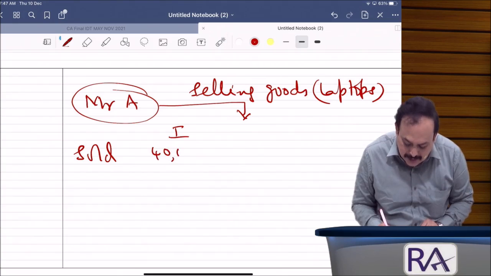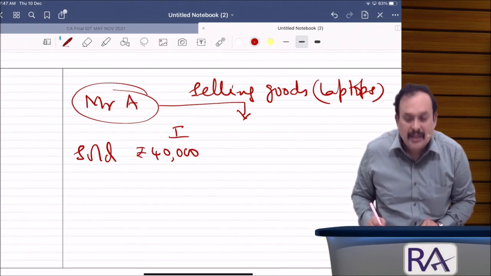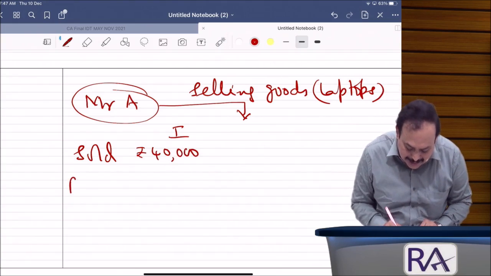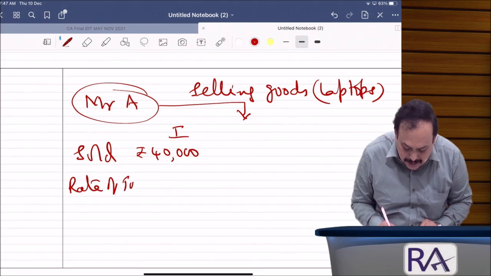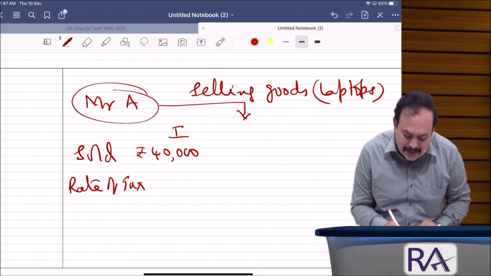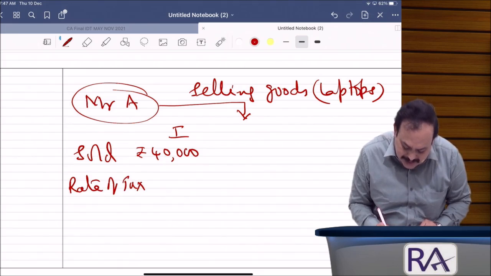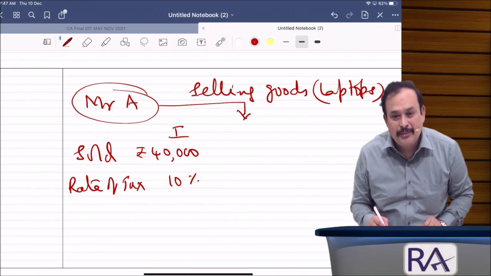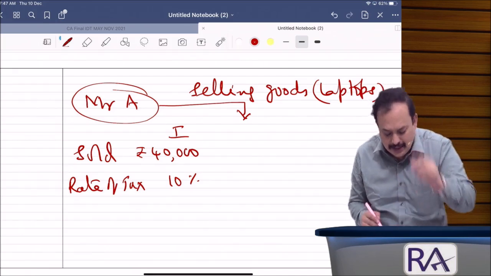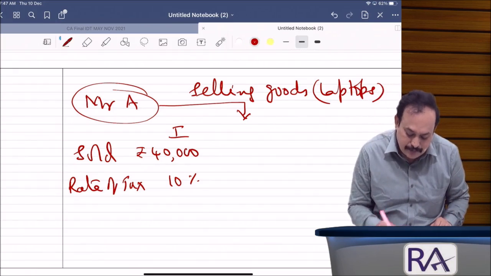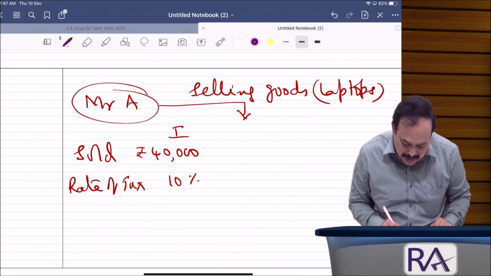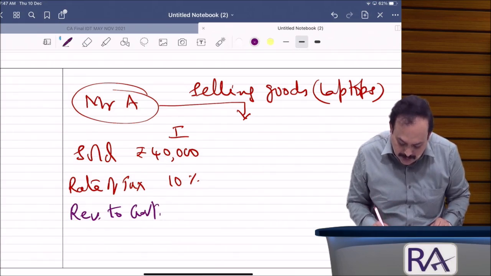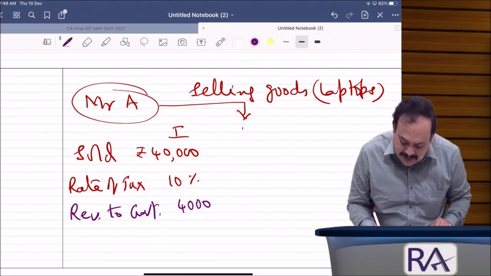At that time, the rate of tax to the government is, let us say, 10%. What is the income to the government? On a sale of 40,000, at 10%, how much comes here, my dear? 4,000 rupees. So revenue to the department, namely the government, is 4,000. Second year, what happened?